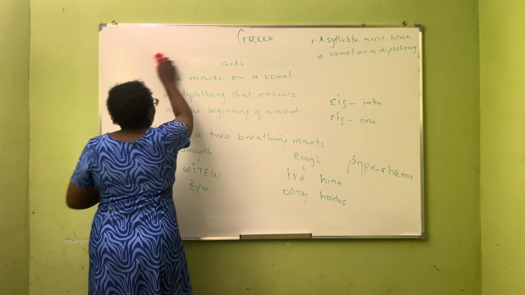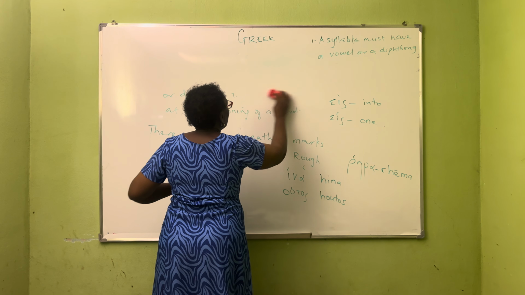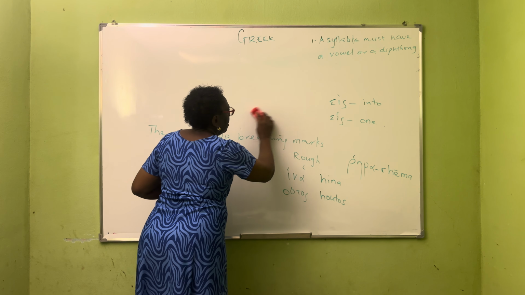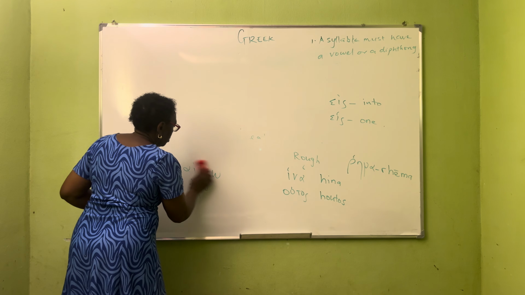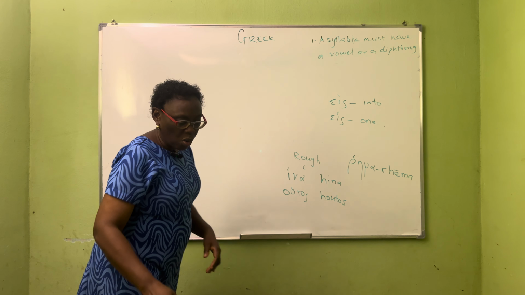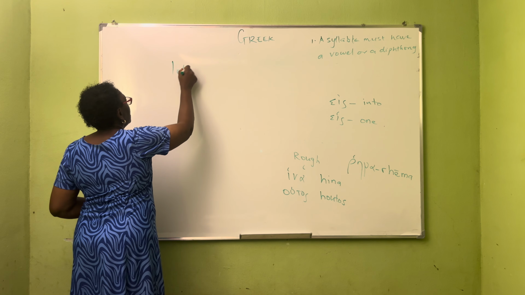In addition to breathing marks, there's another feature we find in the Greek language. It's called iota subscript. Let me write it out.